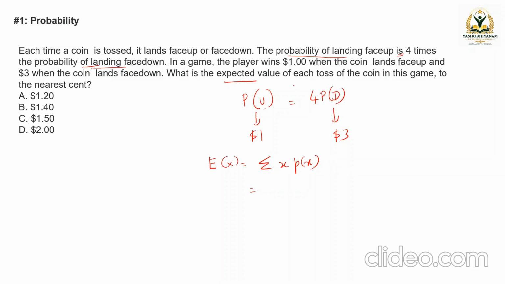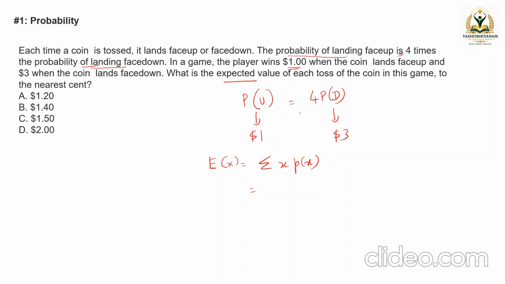The x's denote the dollars, the amount that the person is going to win, and p of x is the probability of that amount.